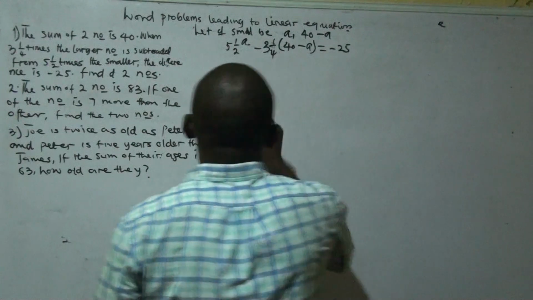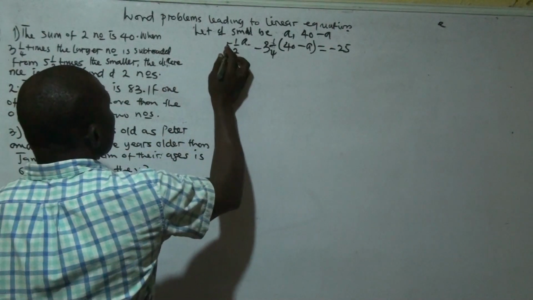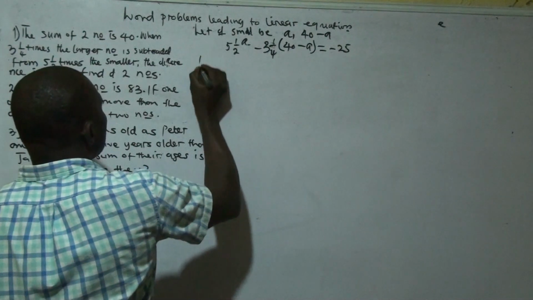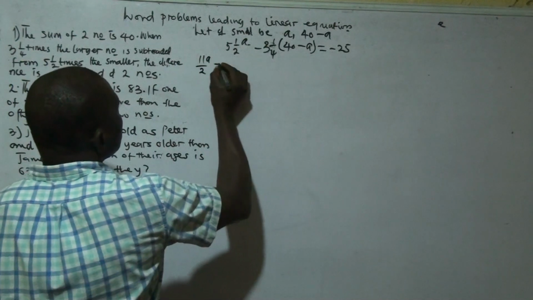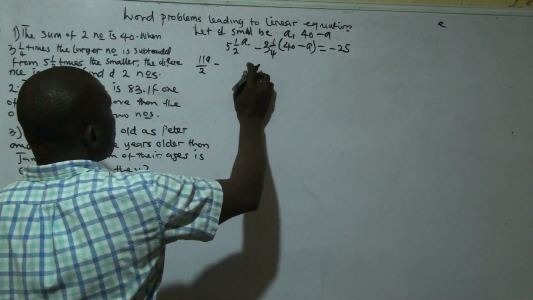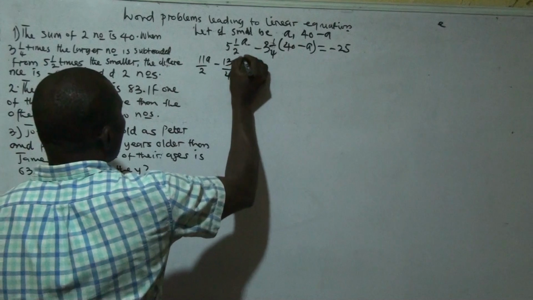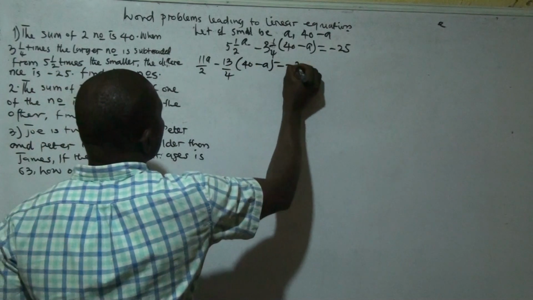Here we change this one to an improper fraction. 5 times 2 is 10, plus 1 is 11. It becomes 11A over 2. Here, 4 times 3 is 12, plus 1 is 13. That will become 13 over 4, open bracket, 40 minus A, close bracket, is equal to minus 25.